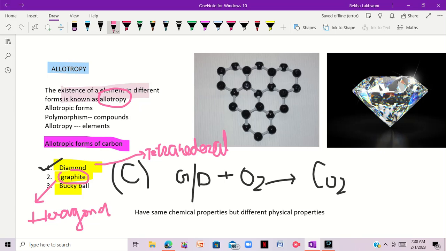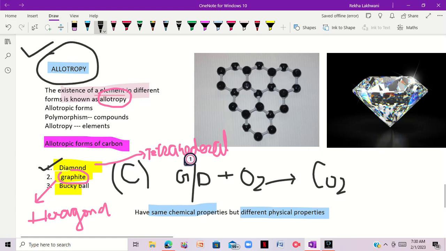Diamond is an insulator and graphite is a conductor. So they have different physical properties but the same chemical properties, and this phenomenon is known as allotropy.